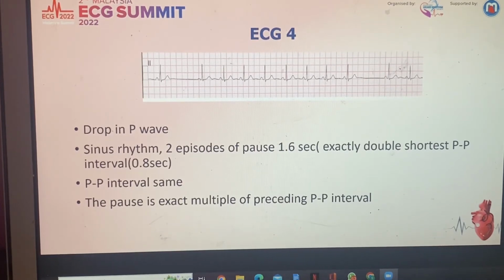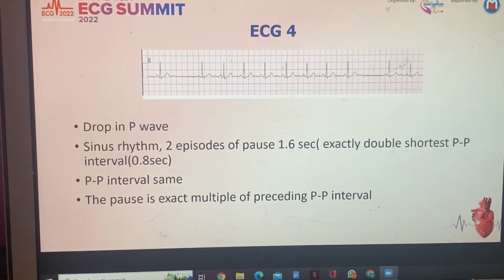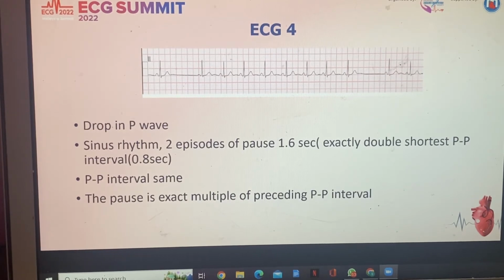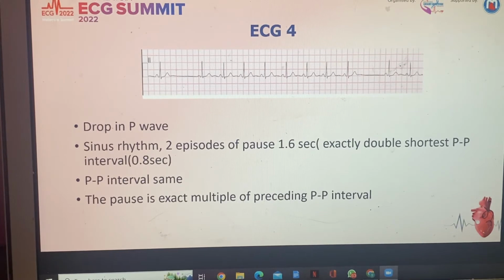If you see a long pause, the first step is to check what is missing there: whether there is a P wave without QRS, or whether you don't have any P wave and definitely no QRS, or you have QRS, for example, from the junction, as an escape beat.